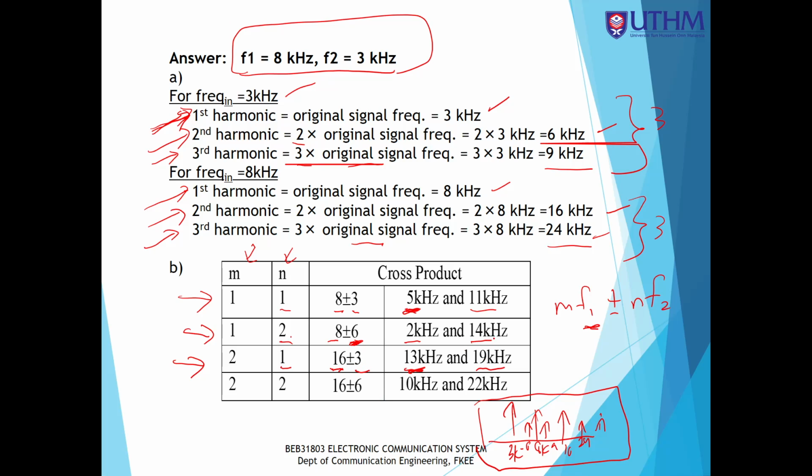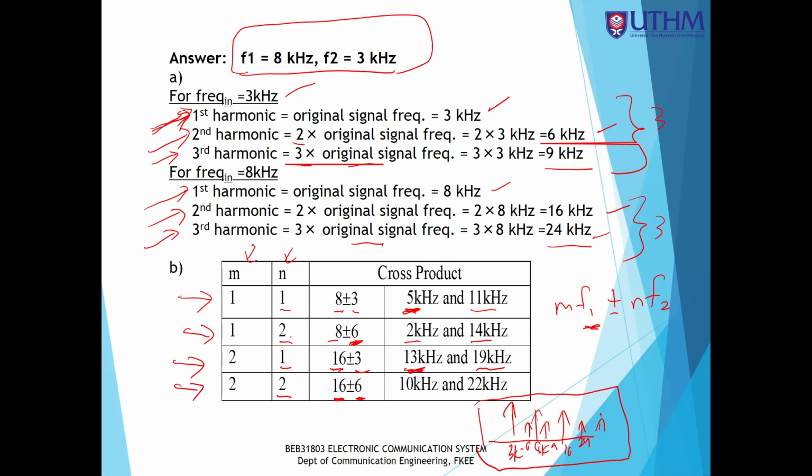kHz. And then for M equal to 2, N equal to 2, so therefore 2 times 8 kHz you're gonna get 16 kHz. 2 multiplied with input 3 kHz, so you get 6 kHz.